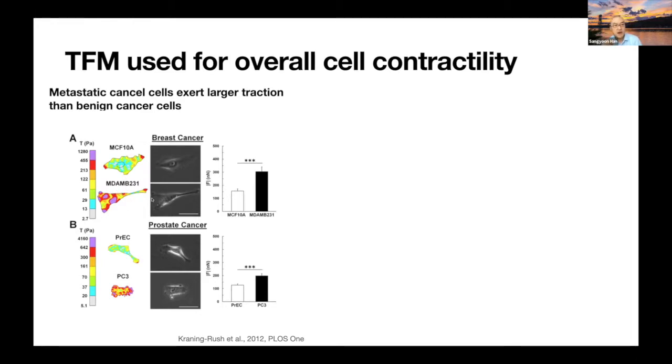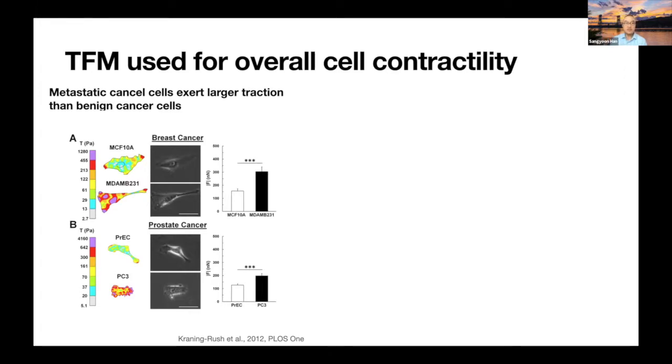They found that all these malignant, metastatic cells showed a greater amount of traction than benign cancer cells. So somehow those are related, they advocate.